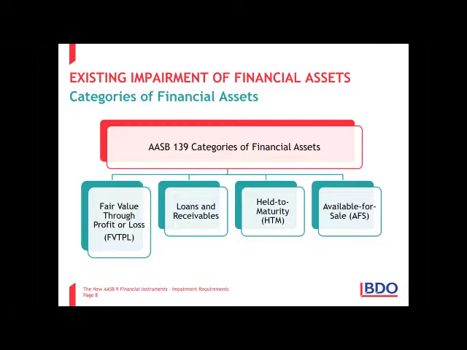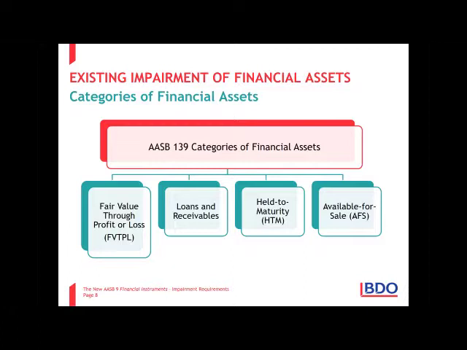Now currently loans and receivables and held to maturity financial assets are both accounted for at amortized cost, and you have to do impairment testing. Available for sale financial assets are accounted for at fair value in your statement of financial position, and changes in fair value go to other comprehensive income or an IFRS revaluation reserve.